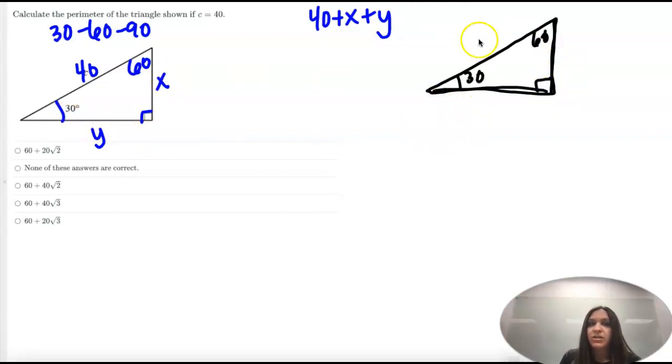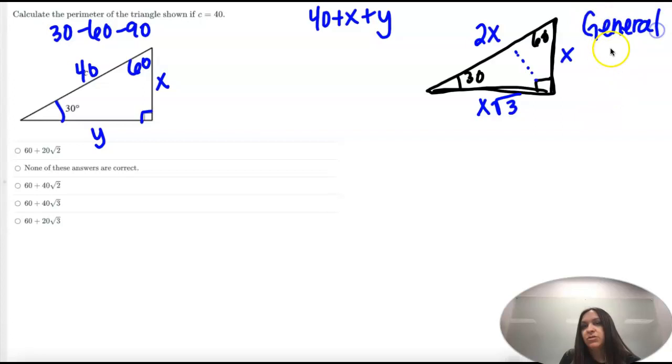So we call this the short side some value, and then the hypotenuse is double that value. So whatever this is, we're going to times it by 2. And then the long leg is that value times the square root of 3. So this is what we would call our general triangle because it has just x's and values.